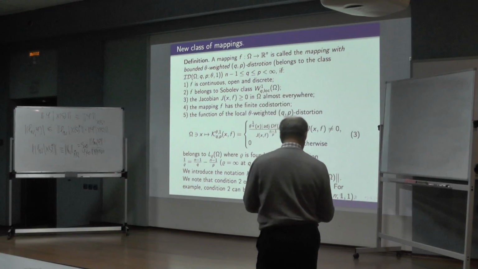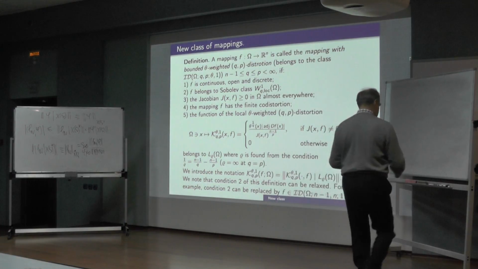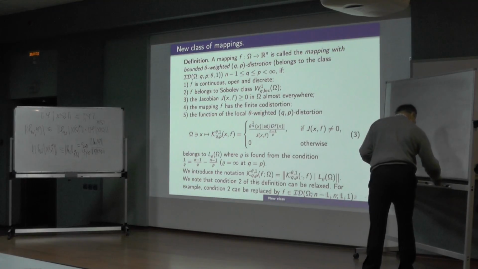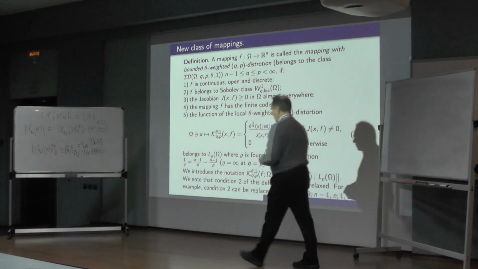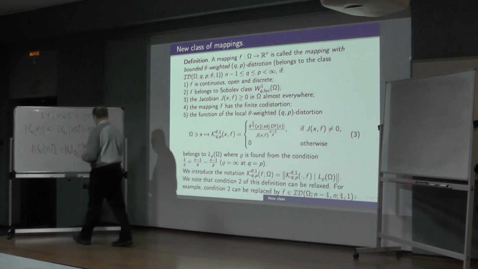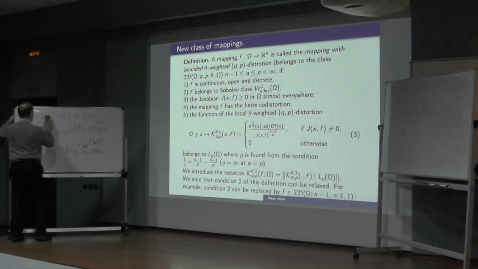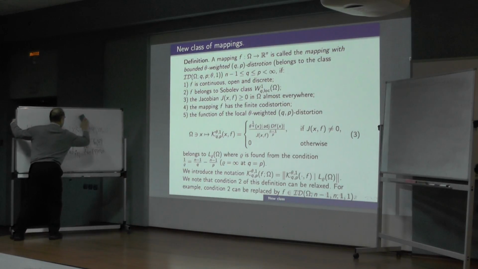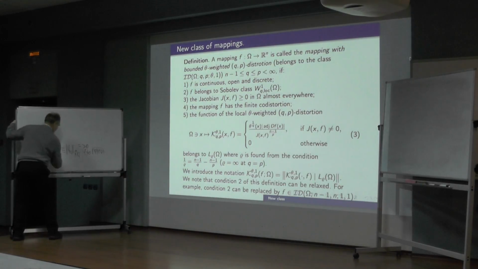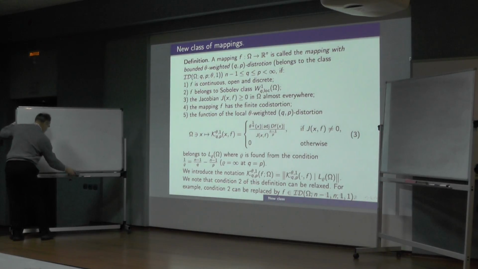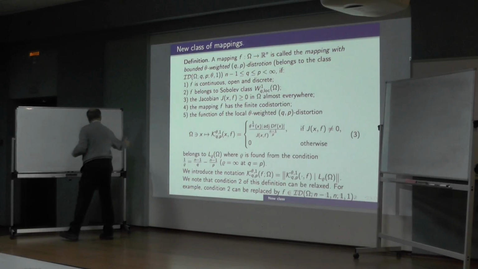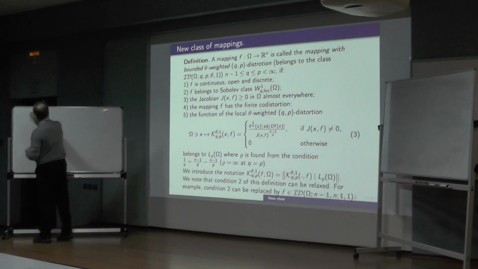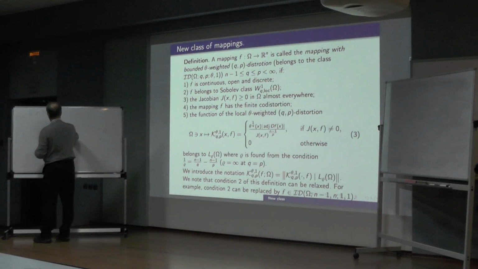To explain the definition, I recall the classical definition of mapping with bounded distortion given by Krishnak 50 years ago. Then we have a mapping phi from omega to Rn.